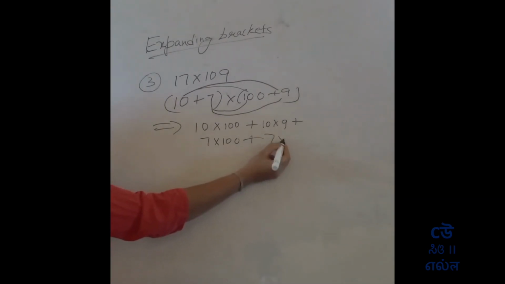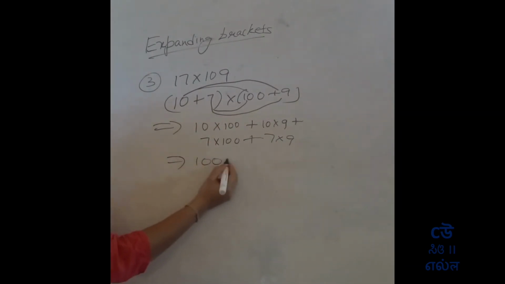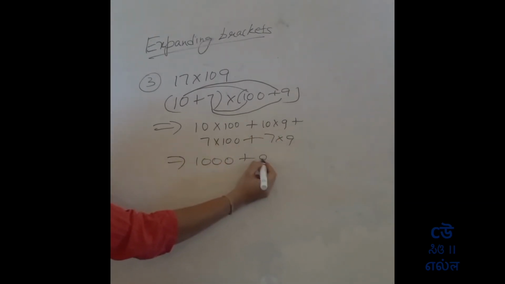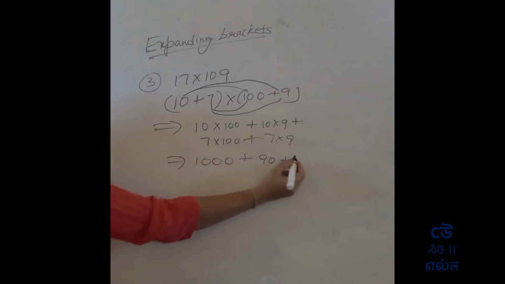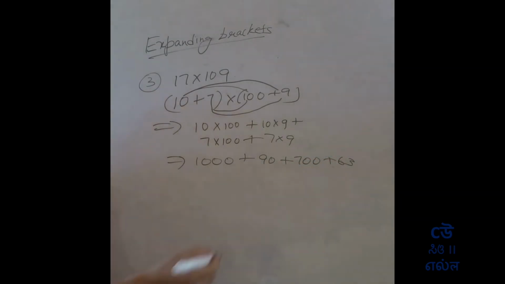So 7 into 9. 10 into 100 is 1000, plus 10 nines are 90, plus 700, plus 63. 7 nines are 63. So 1000 plus 700 is 1700. 1700 plus 90 plus 63.